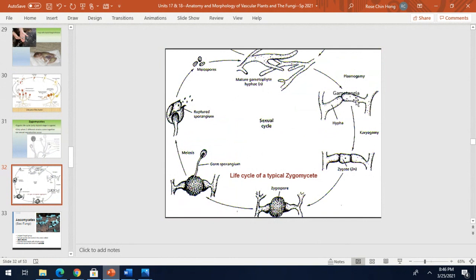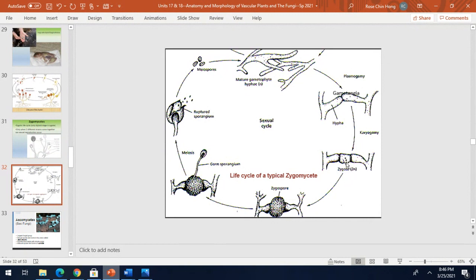And from the hypha, we have the gametangia, where it goes through the plasmogamic procedure, and then it'll go through karyogamy, where it will form the zygote, because once the nuclei fuse, this is where it is the diplontic stage, where it is in the zygote alone. All right, as we were pointing out before.